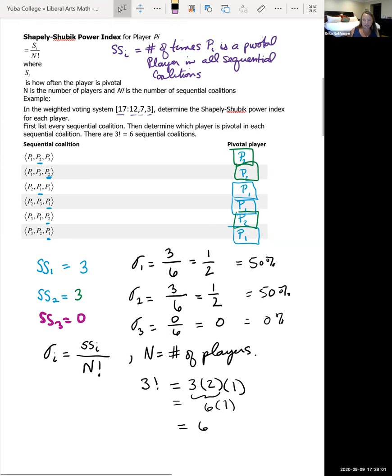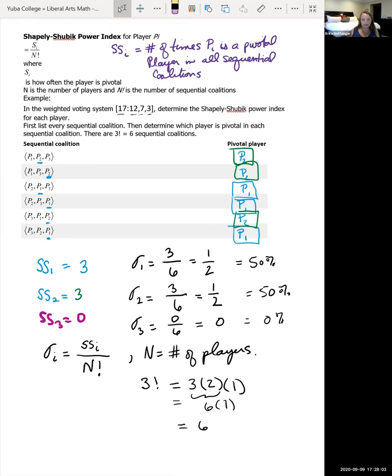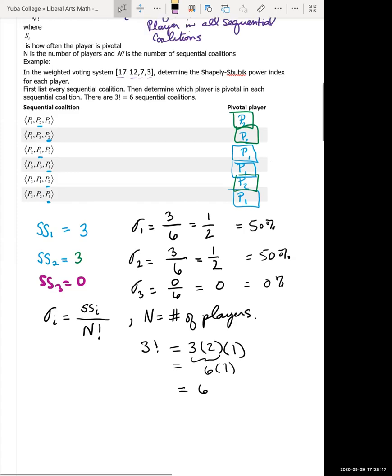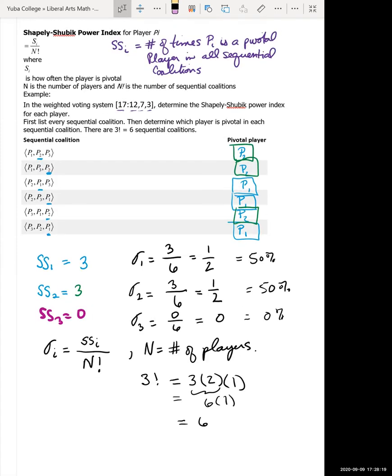So any questions on that? Okay, so we're just going to go through more examples. I have a quick question. Mm-hmm. So Shapley-Shubik power is going to be represented as a percentage, right? Yes. Which is different than the other one, which is a fraction. Just see how MyMathLab wants it. Let me go down and see if I have an example.